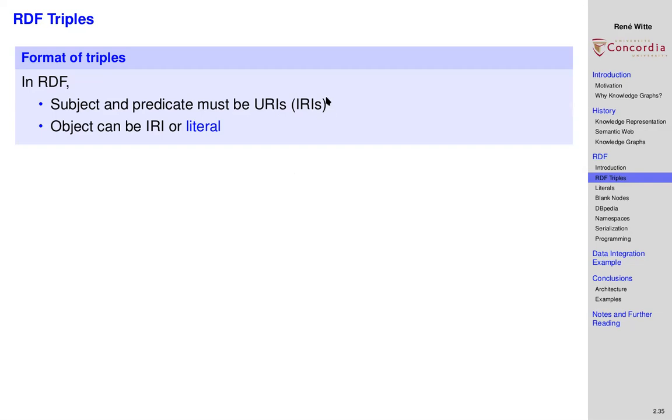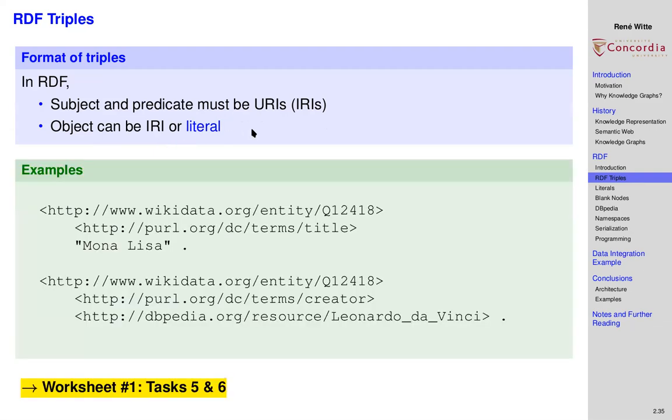So technically what we're working with are IRIs, but very often I'm just going to say URIs. So the subject and the predicate must be a URI. The object is a URI or IRI. It can also be a literal.